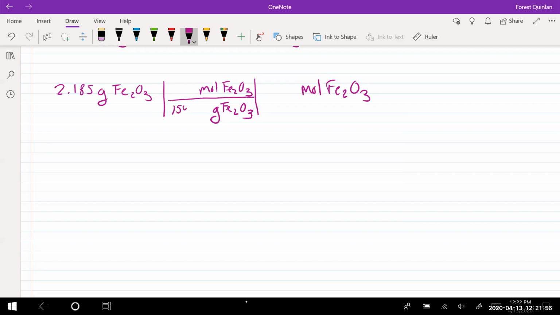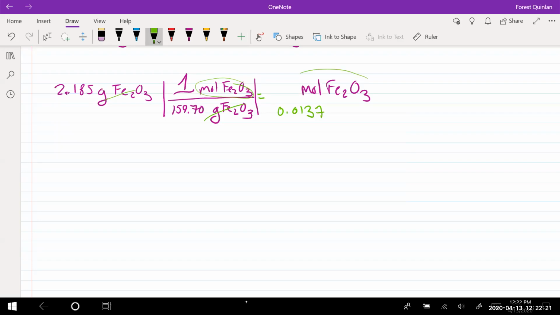So 159.70 grams, and again, that's 1 mole. Grams cancel. We're left with our moles. And that will give me a value of 0.01368, so 0.0137.